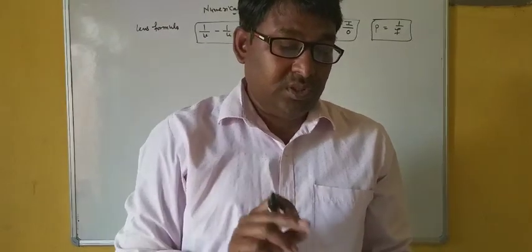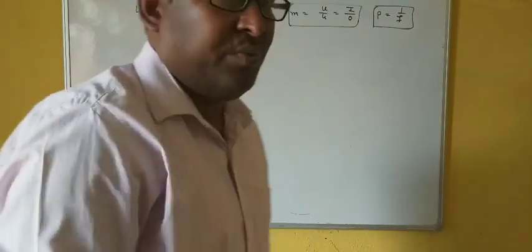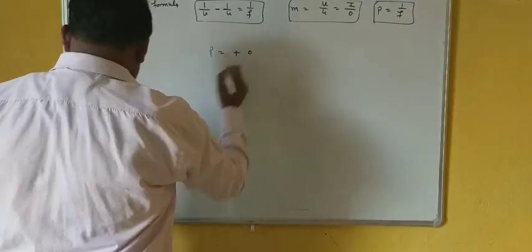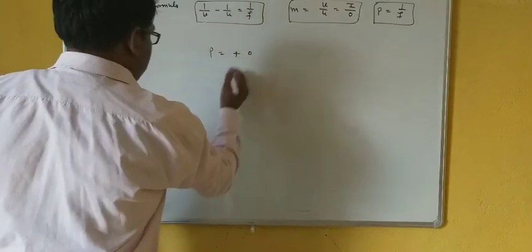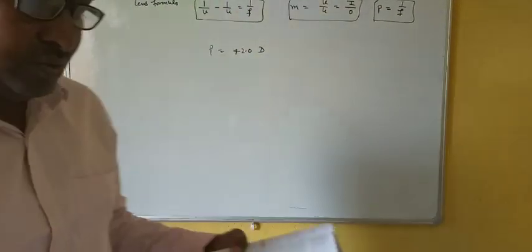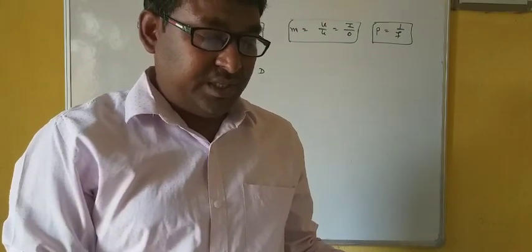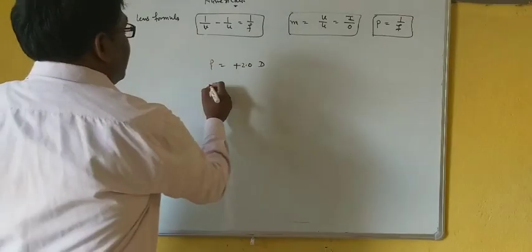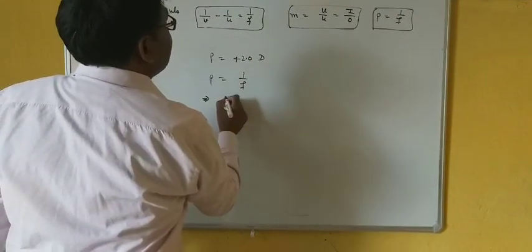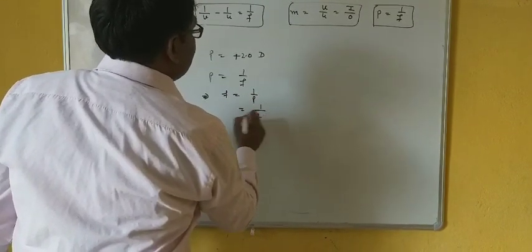One question. The power of a lens is plus 2.0 diopter. So what is question? Question is that find its focal length, state the kind of lens. Find its focal length. As you know, power is equal to 1 by f. It implies that f is equal to 1 by power, 1 by 2.